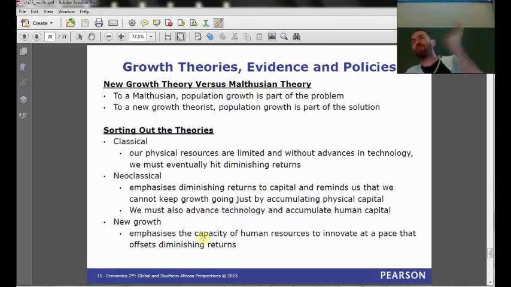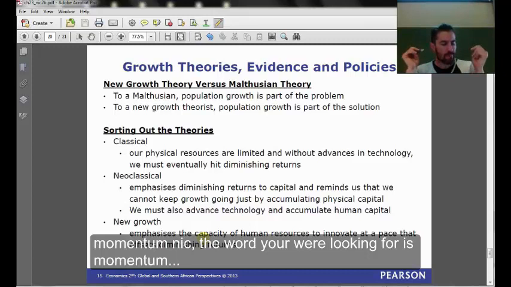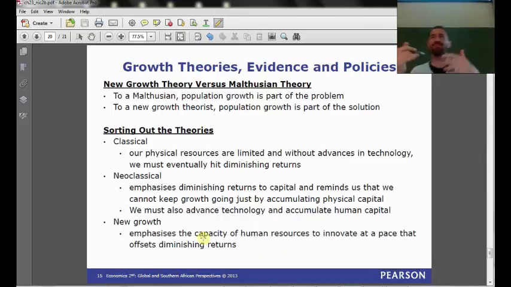So even if we have diminishing returns to capital, and even if we have a population that is not necessarily growing as fast as we want, as long as we can keep up a degree of... what can I say? Like if a stone is rolling down a hill, it gets a certain speed, and then you can't stop it.